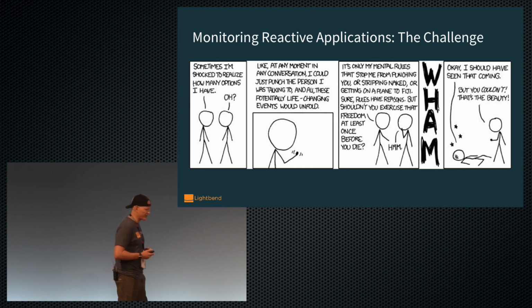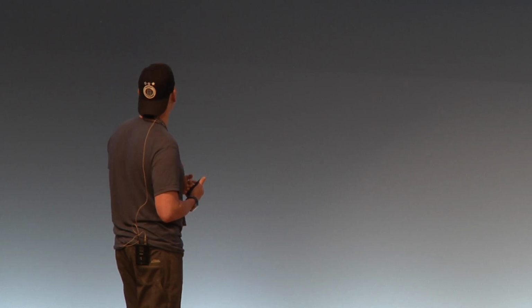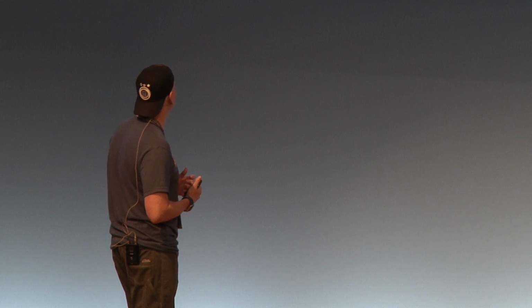And I like this little cartoon here. Basically, it kind of gives you an example in an asynchronous environment, what can happen. He says, sometimes I'm shocked to realize how many options I have. The other guy says, oh? Like at any moment, in any conversation, I could just punch the person I was talking to, and all these potentially life-changing events would unfold.